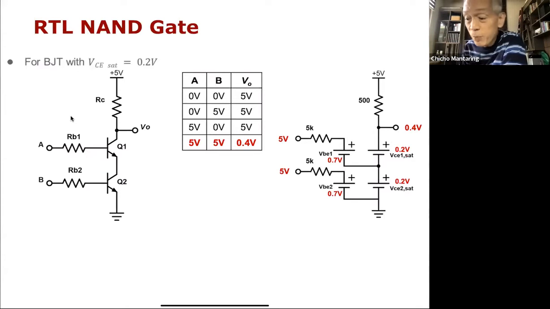Your computation for the minimum values of A and B to be considered a high input voltage becomes a little bit more complicated now, because the VCE of Q1 has to subtract the VCE of Q2 from the KVL of the collector circuit.